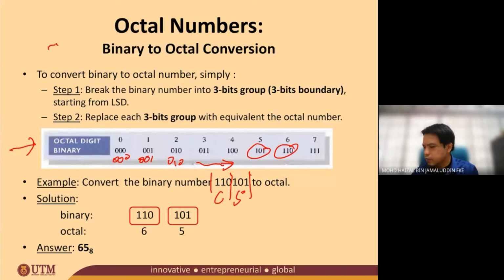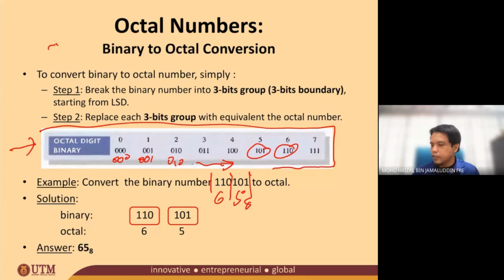So this is base 8, 65 base 8. So for octal to binary, binary to octal, you just make a sketch of the table so that you can do the conversion very fast.